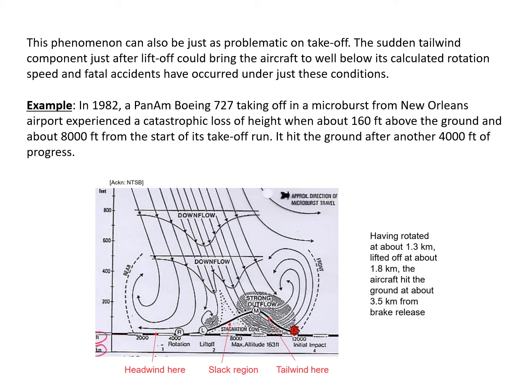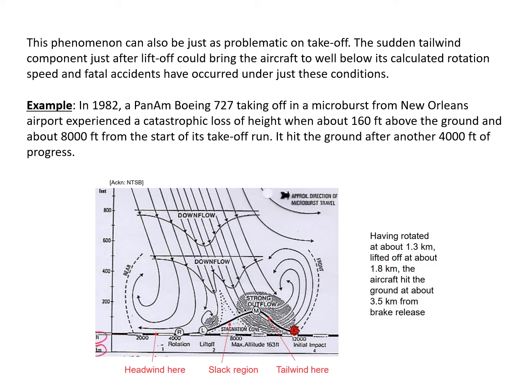Okay, now here is a detailed example. This phenomenon can also be problematic on takeoff. Just now was landing, now we are looking at taking off. The sudden tailwind component just after liftoff could bring the aircraft well below its calculated rotation speed, and fatal accidents have occurred under just these conditions.